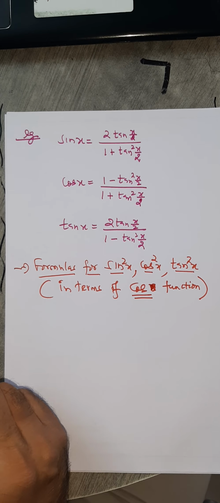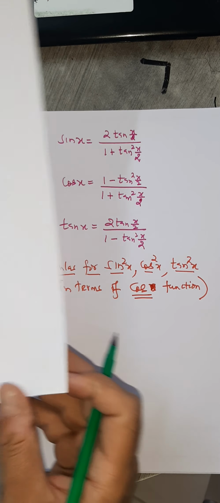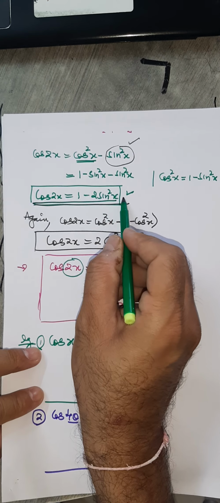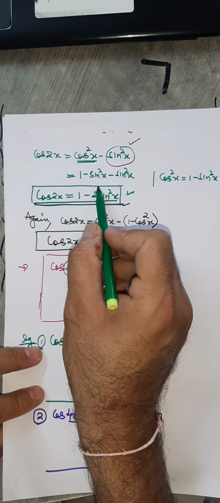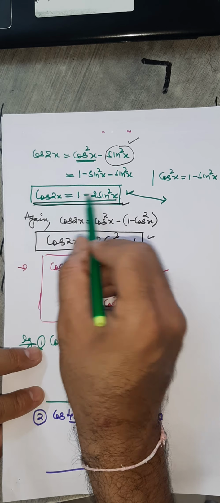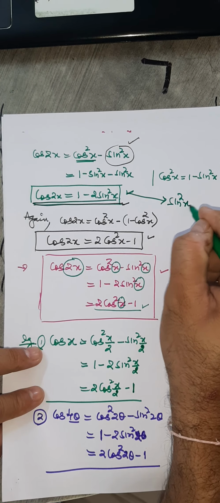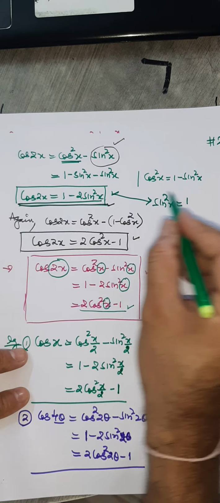You already studied. What I'll do, I'll just write from one of the earlier formula. You just recall this. Now make the sine square as subject of expression here. Interchange these two. So sine square x becomes 1, this will go that side.